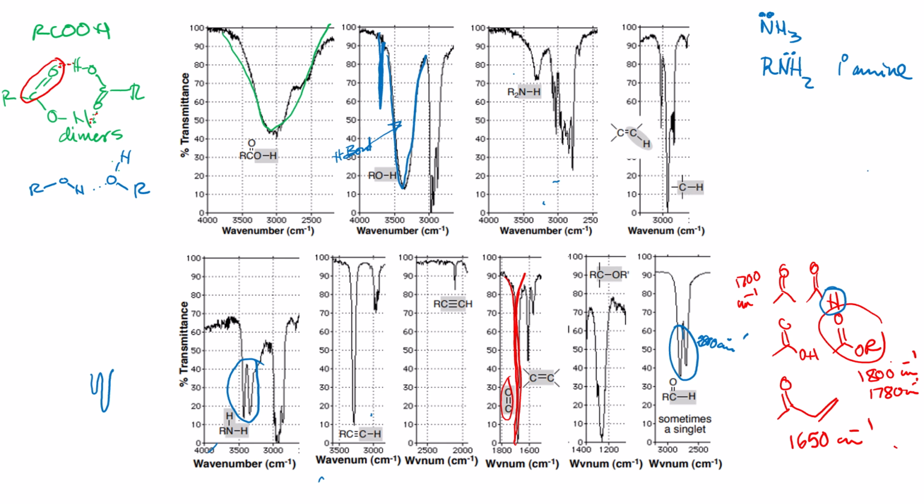Now, if you substitute two H's in ammonia by R groups, you have a secondary amine, and the secondary amine will absorb in the same region, but here you have only one band. So this is one important way to distinguish a primary from a secondary amine.